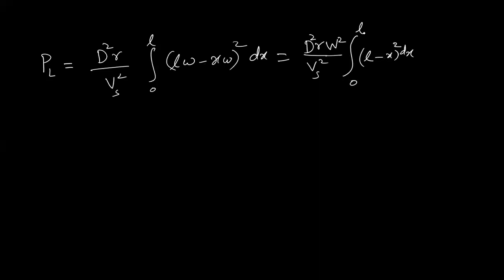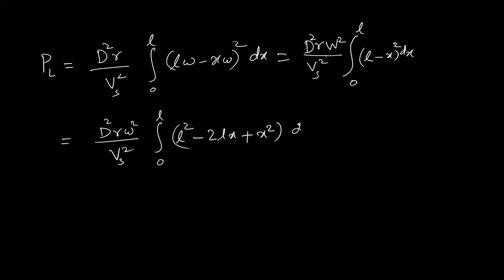The limit is obviously 0 to L. So d square R W square by Vs square, integration 0 to L. Let us expand that: L square minus 2Lx plus x square.